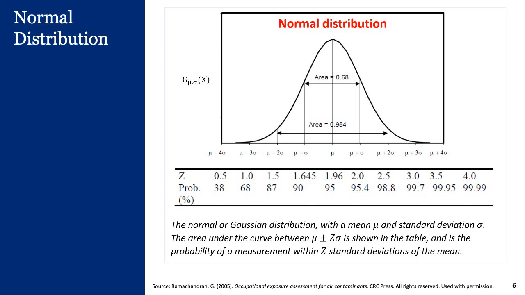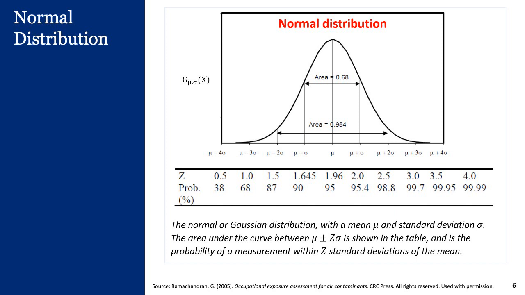The other important numbers on this are when z equal to 1.645, which means that if you go between mu minus 1.645 times sigma to mu plus 1.645 times sigma, the area under the curve is 90% of the entire area under the distribution. And one last important number that we need to just keep at the top of our head in our memory is z equal to 1.96.